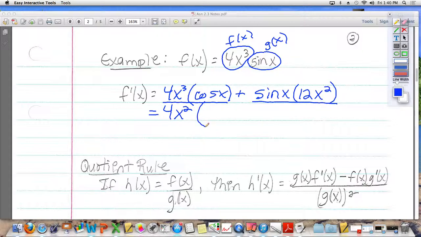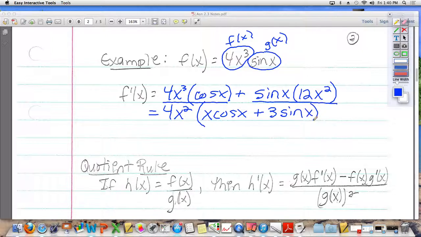So if I factor a 4x squared out of this, what do I have left? An x and cosine of x plus, if I divide a 4x squared out of this, what do I have? A 3 and a sine of x.